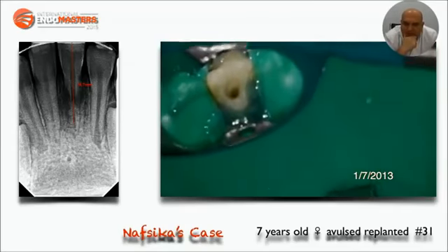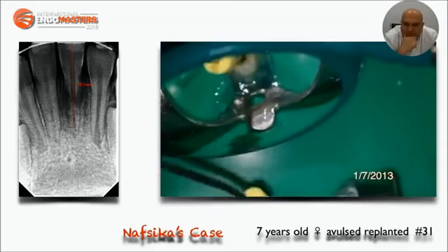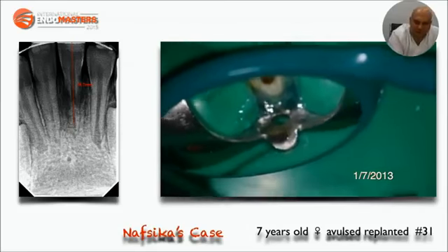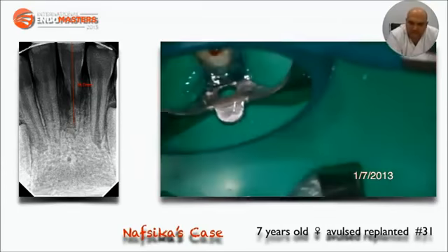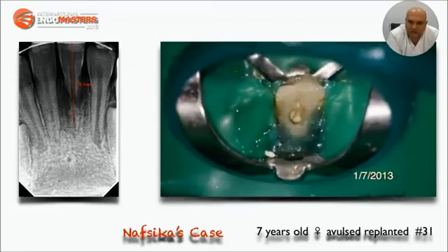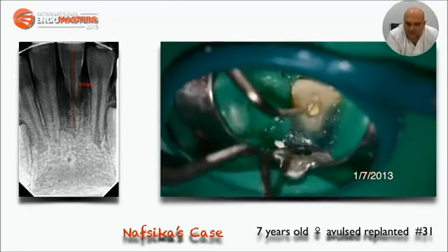And after spending about half an hour with negative pressure irrigation, I flooded the canal with EDTA, waited for 4 minutes, induced bleeding, and placed MTA over the blood clot.